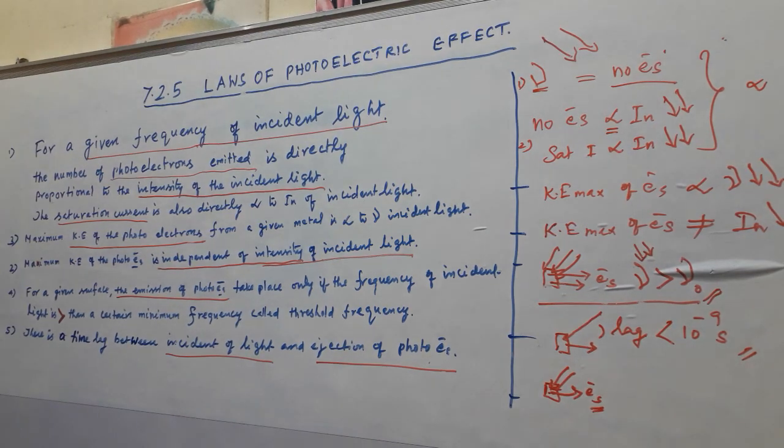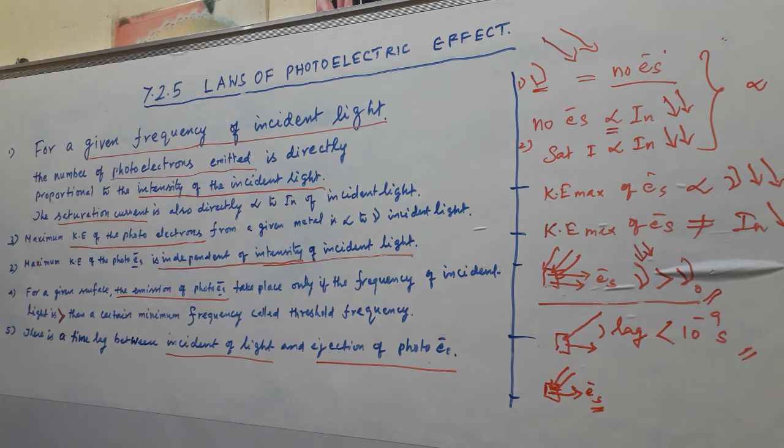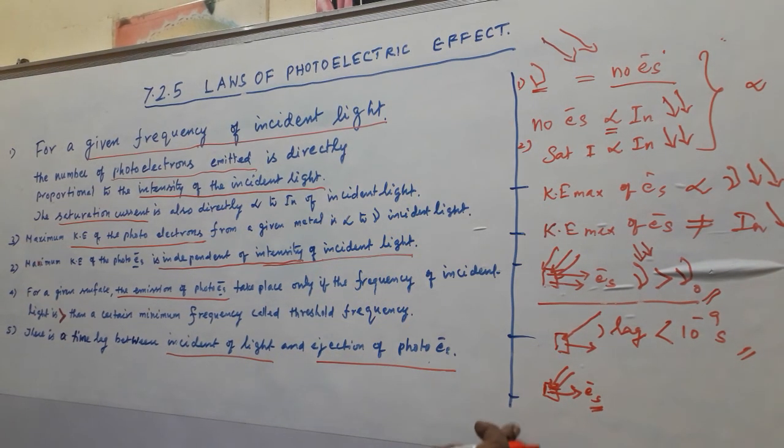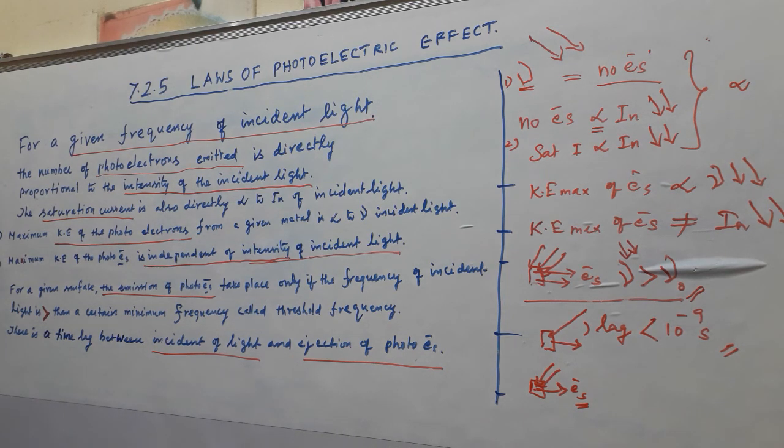That's a very important concept to analyze these laws of photoelectric effect. I hope with the help of these hints you understand this concept clearly, and you are eligible to write the 5 marks answer now.